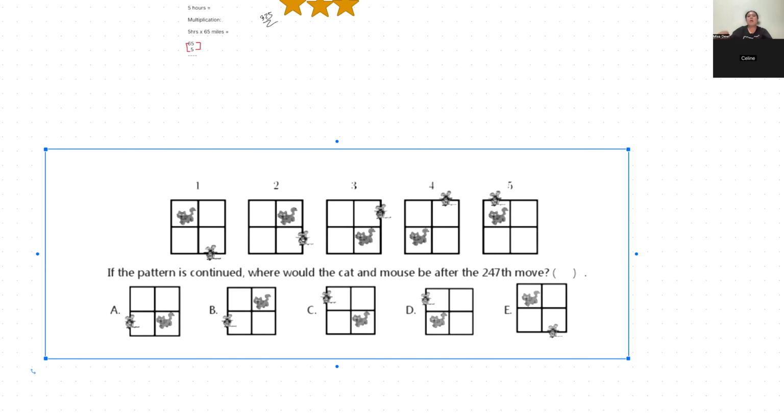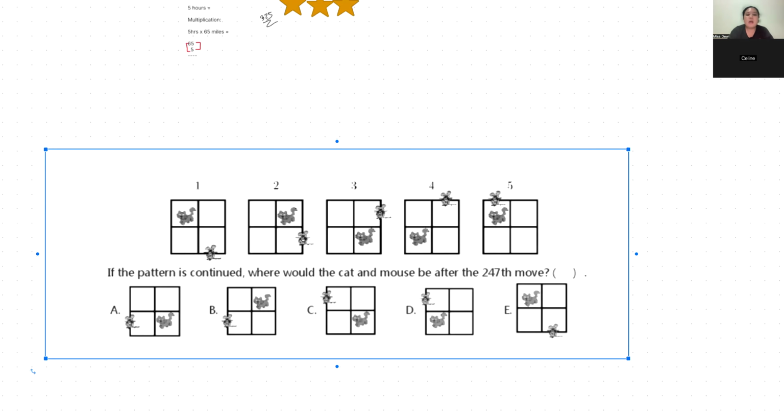It means to follow the clockwise direction, not the opposite. So you're going to follow the correct clockwise. The cat moves clockwise through the four squares, and the mouse moves counterclockwise through the eight exterior segments of the four squares.